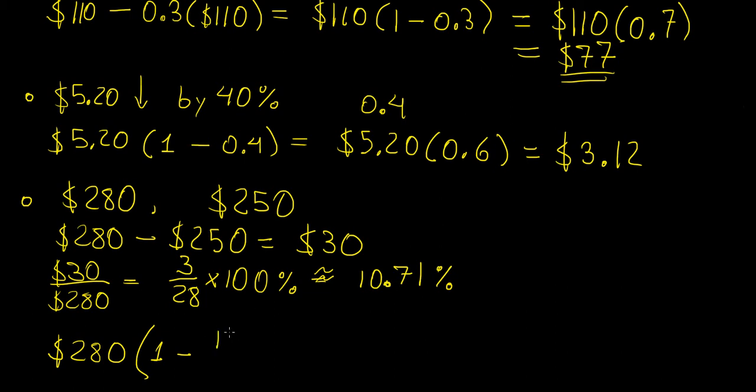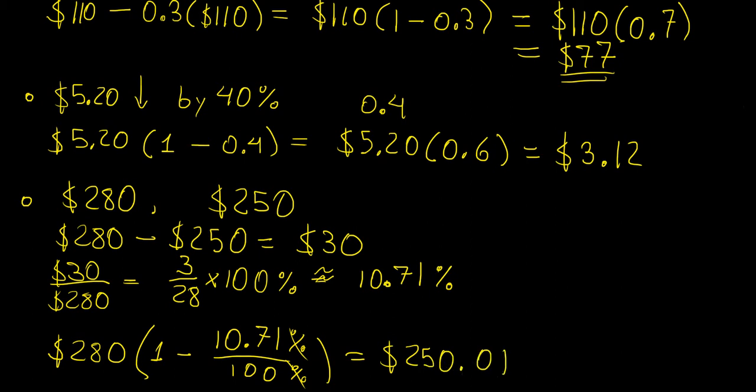So that's going to be 10.71 over 100, such that the percentage signs cancel out. And then that's going to be equal to 250.01. So that's close enough, and the reason we didn't get the exact number is because we rounded to 2 decimal places in this step. But if we had just taken the fraction and plugged it into here, then we would have gotten just 250 as an exact number.